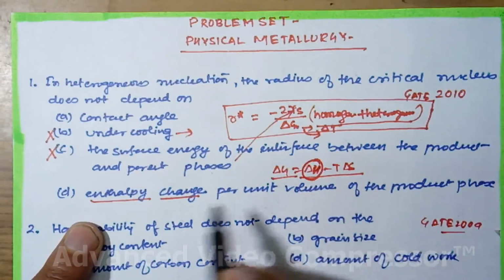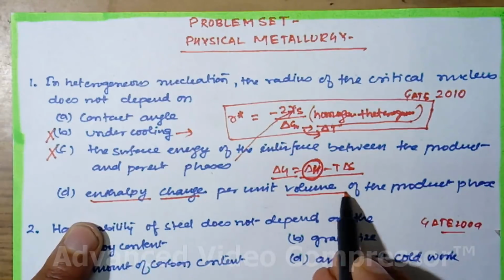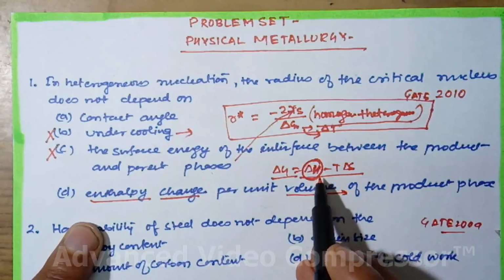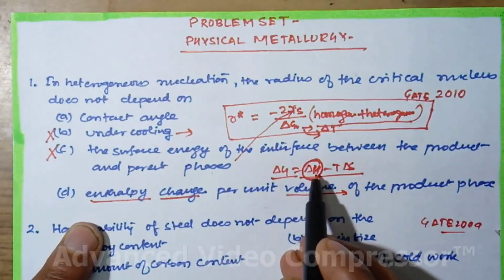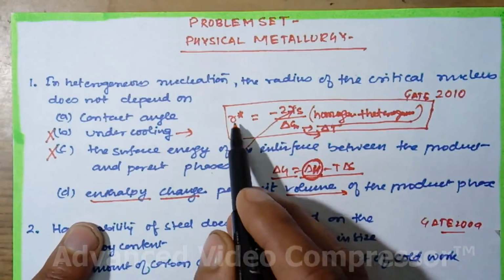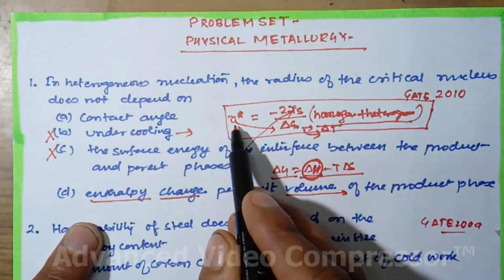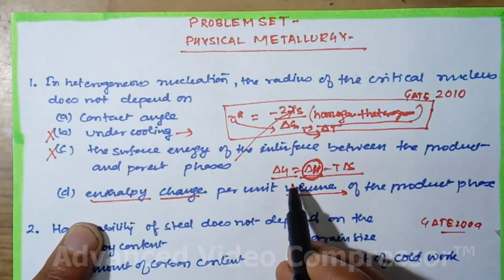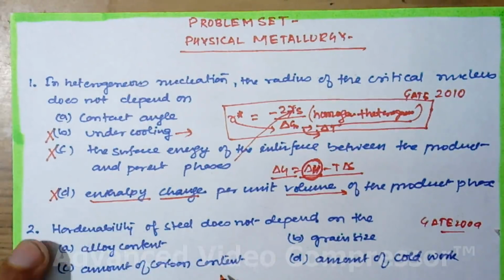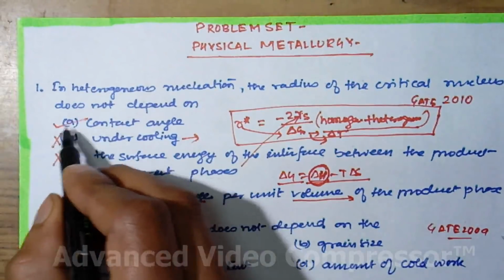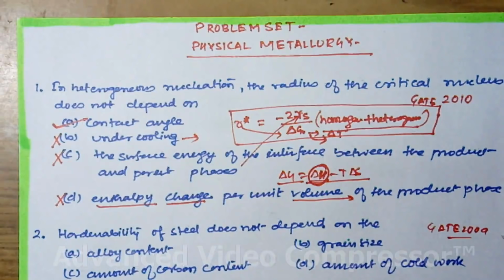So since it is given enthalpy change per unit volume, that's why this delta GV will depend on delta H, and since R star depends on delta GV, R star will depend on delta H. So this is also not the correct answer. So what will be the correct answer? Contact angle. So you need to remember this.